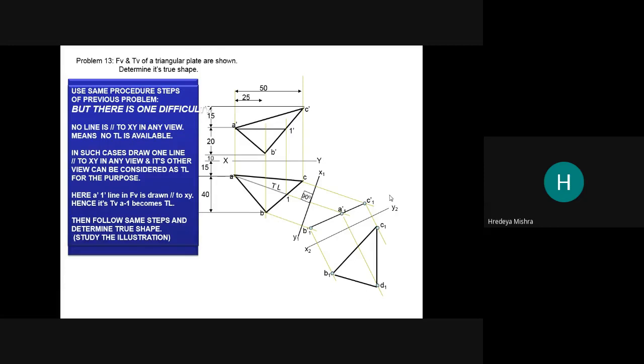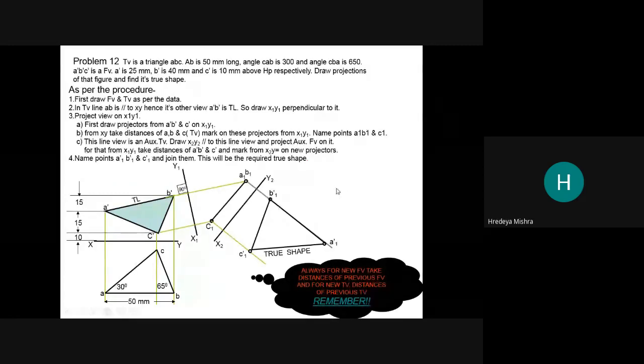See the previous slide here; you have to take a screenshot of this. This is the main step by which you follow and solve this type of problem.